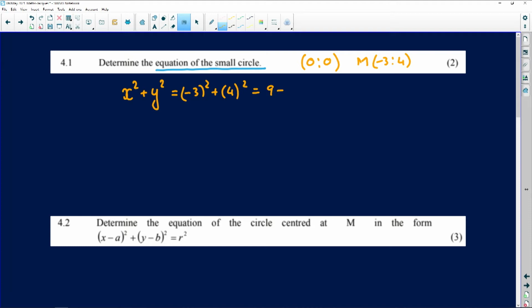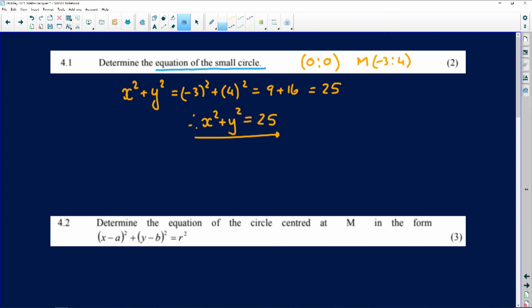That gives us 9 plus 16, which leaves us with 25. So the equation of that smaller circle, x squared plus y squared, is indeed equal to 25. Now remember, the radius is always the square root of that 25. Center is at (0, 0). The radius is 5. Let's see what they want now.